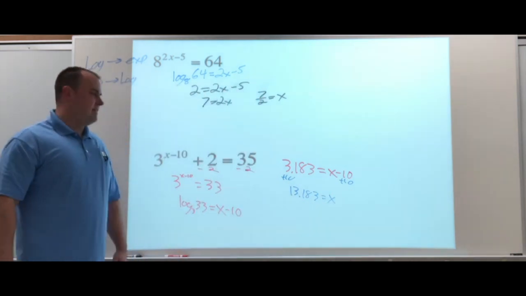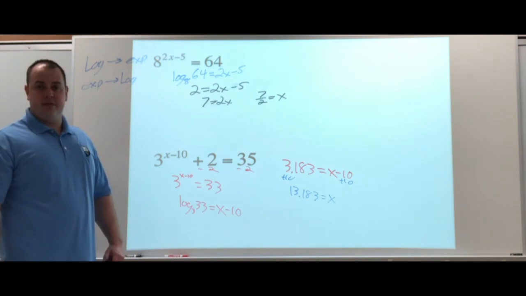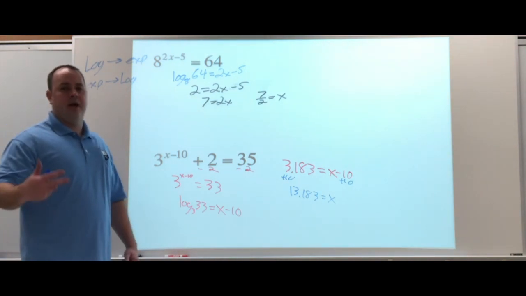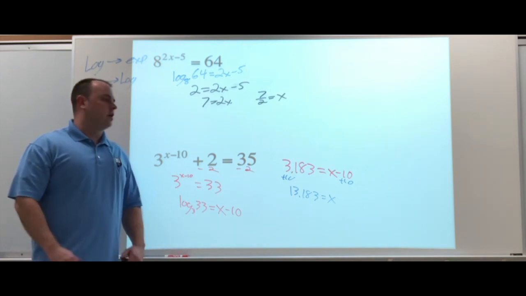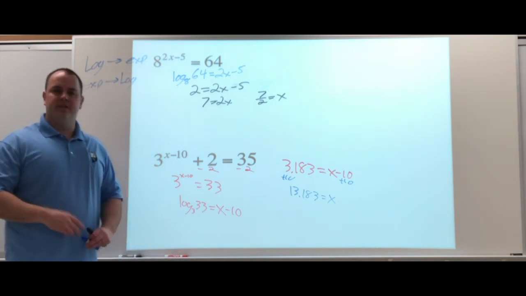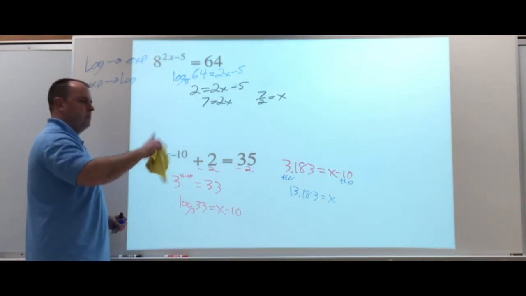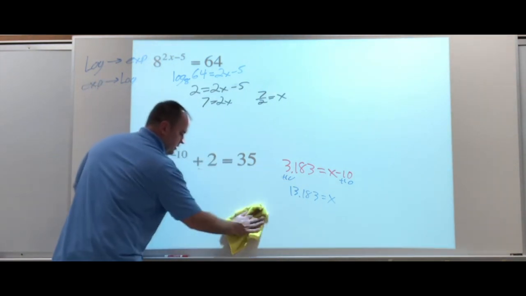You're allowed to give me decimals. You're not going to get a lot of nice answers here. A lot of times with those log functions, that's why we have the change of base, you're not going to be able to get a nice integer answer. So round to 3 decimal places and we should be good. So we did some logs, we did some exponents.